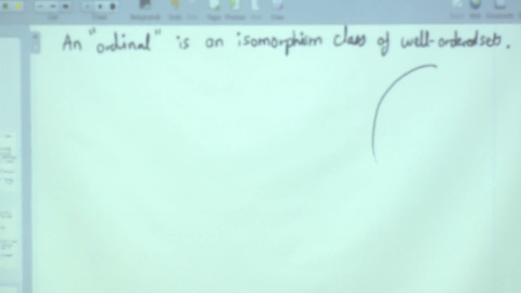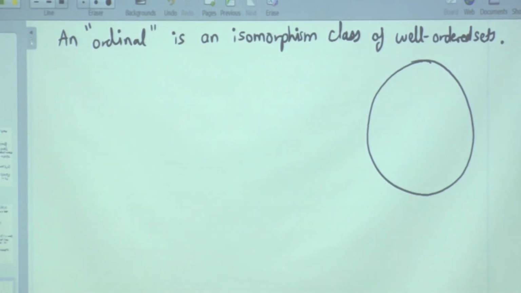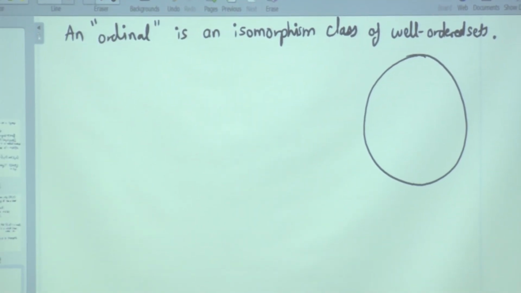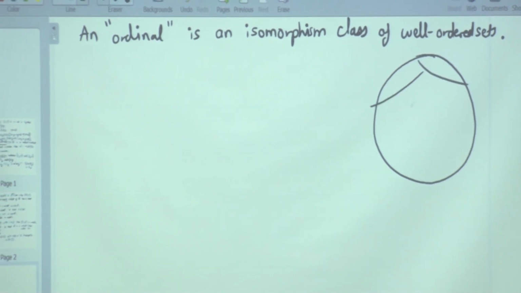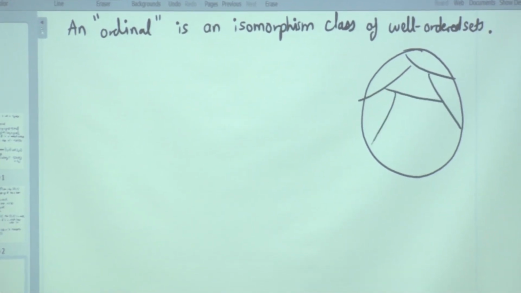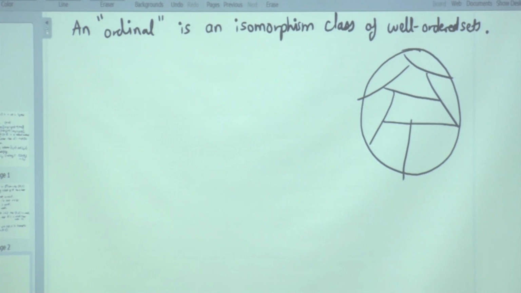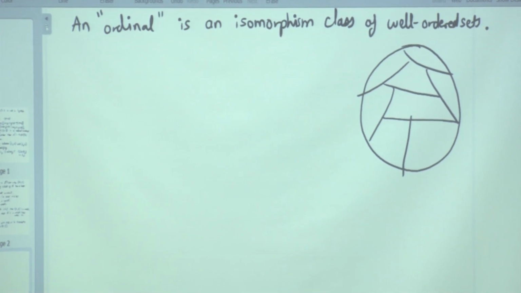So maybe this is the collection of all well-ordered sets, and then up to isomorphism I partition them like this. Our job is now to find one particular well-order from each class, and we'll call that an ordinal instead.